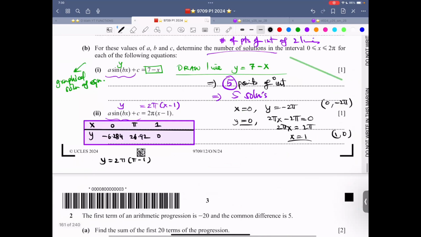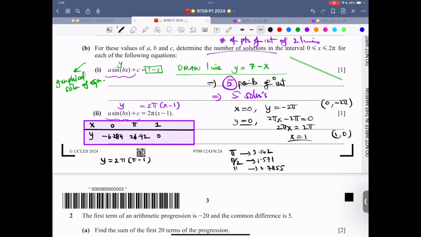Now, where do I mark x equal to 1? We know that pi is 3.142. 3.142 divided by 2, that is 1.571. Pi over 2 is 1.571. Again, divide by 2. That is 0.7855.